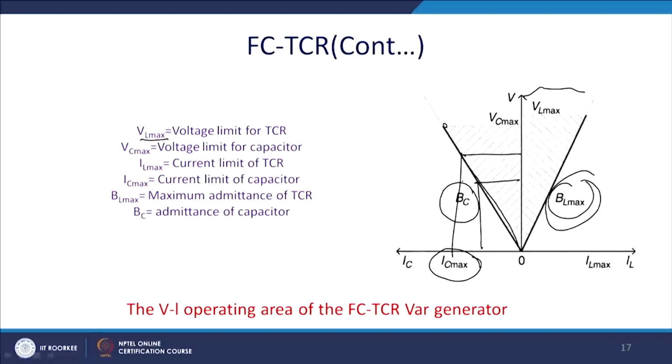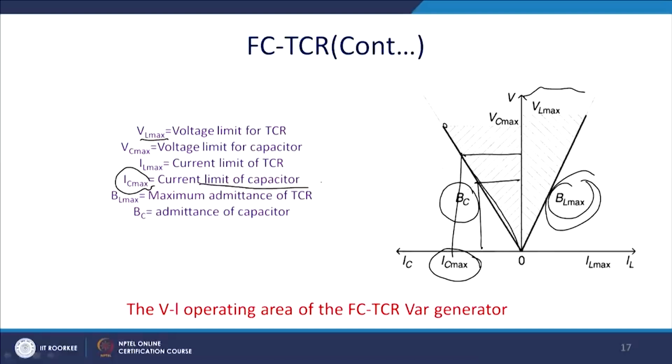Why? Because the inductive admittance is a function of the current, whereas the capacitive admittance is totally a function of the supply voltage. As long as the supply is constant, it will draw the same amount of current. So, at the rated voltage, whatever amount of current flows to the capacitor will be your limit of the capacitor current.